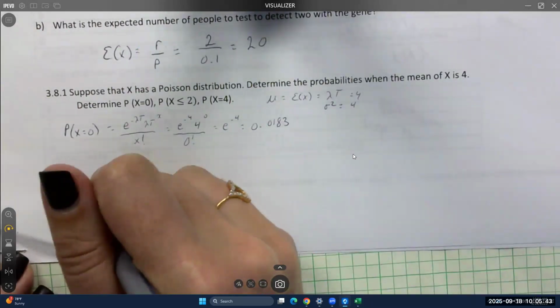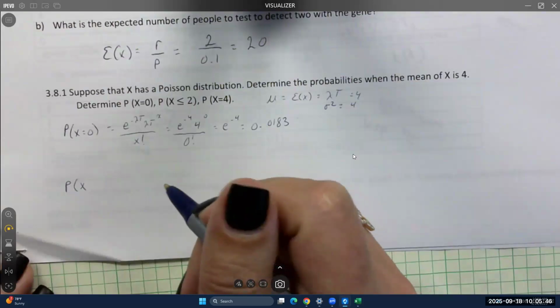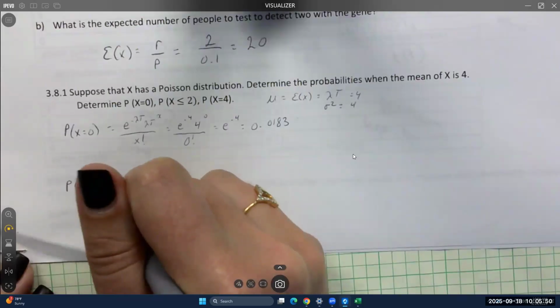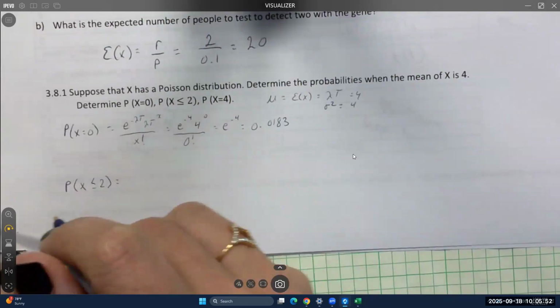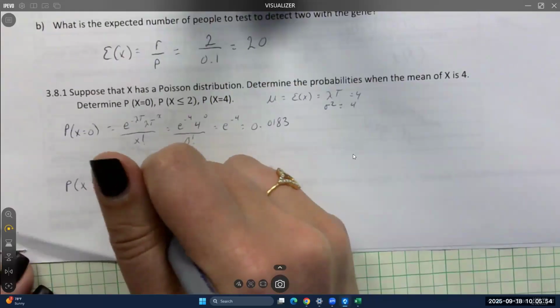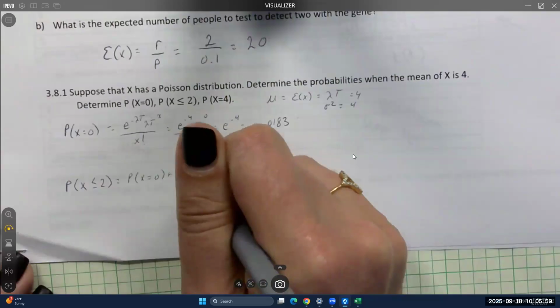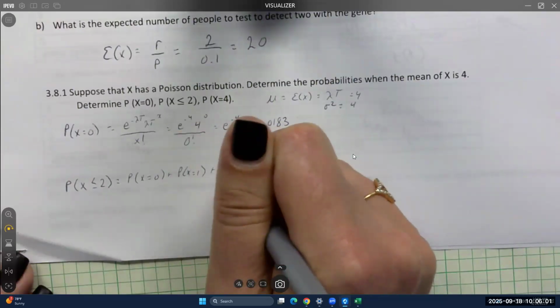The probability that x is less than or equal to 2 is equal to the probability that x is equal to 0 plus x is equal to 1 plus x is equal to 2.